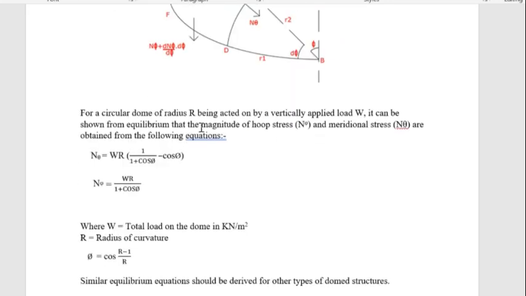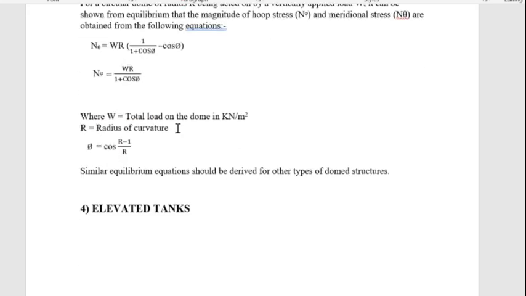So for a circular dome of radius R being acted on by a vertical applied load W, it can be shown from equilibrium that the magnitudes of the hoop stress N phi and meridional stress N theta are obtained from the following equations. These are simple equations which have been obtained. Part of your exercise on this will be to derive these, for example, for a circular dome, where W is the total load on the dome and R is the radius of curvature.